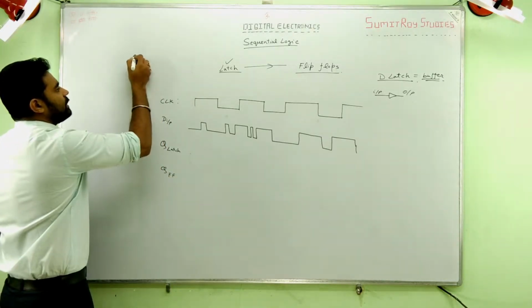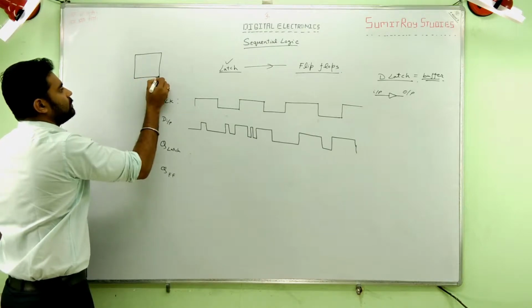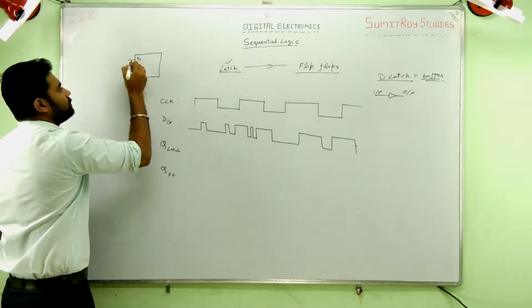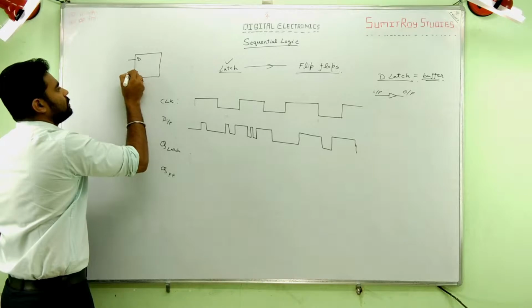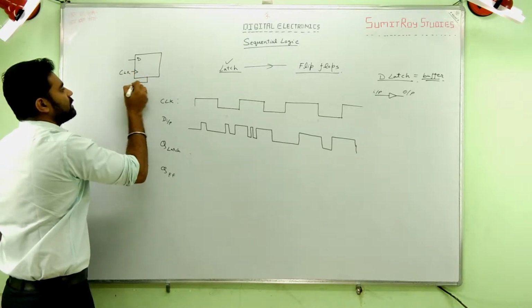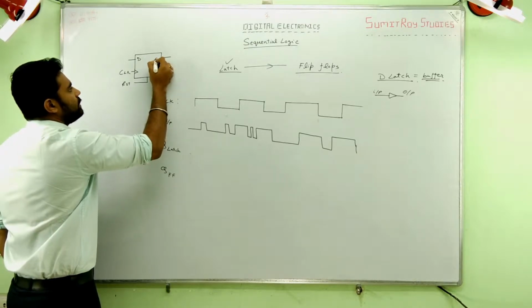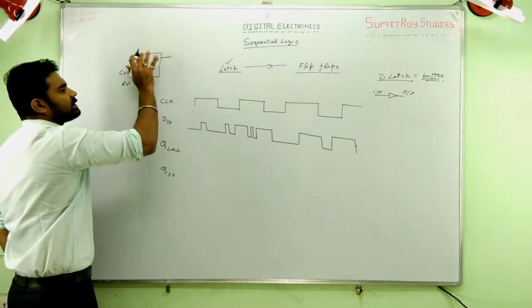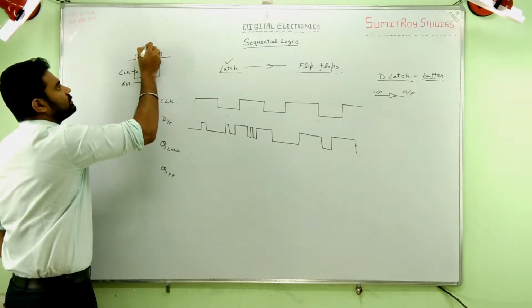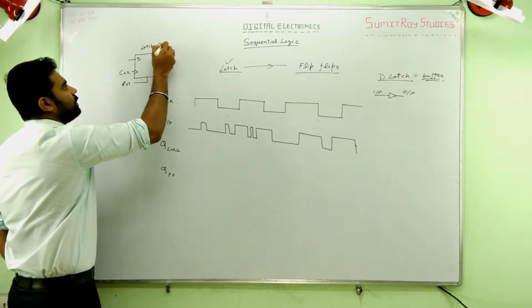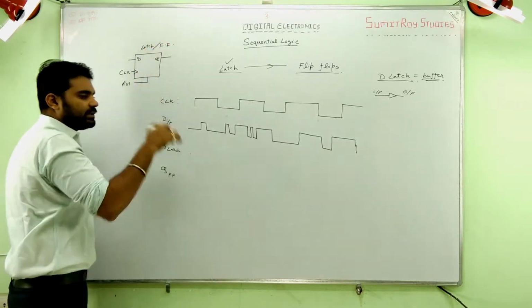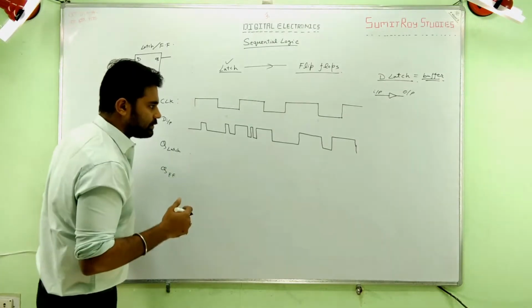D flip-flop is something like this. This is the D input. This will be the clock. This is a reset button, reset or reset N, I'll tell you later. And this is the Q output. This construction is for latch as well as for flip-flop. I'll not go inside this now, I will go inside this later.